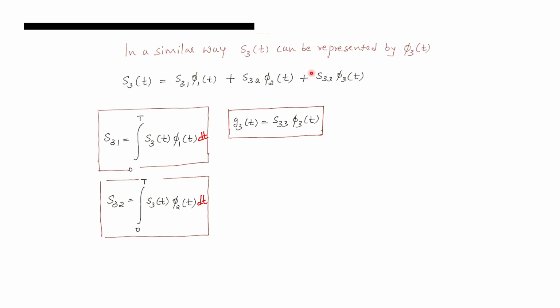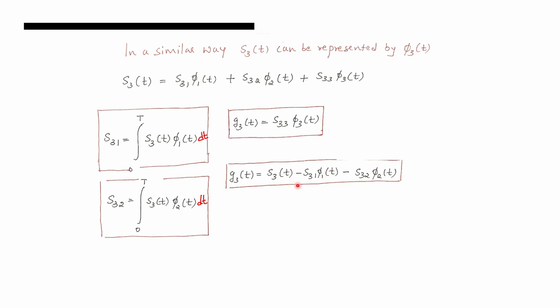Therefore, this term is not known. So let us consider this term as G3 of t and obtain G3 of t in terms of known terms by using this equation, S3 of t minus S31 phi 1 of t minus S32 phi 2 of t.